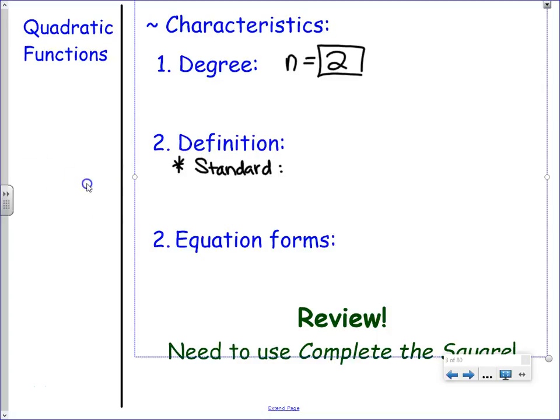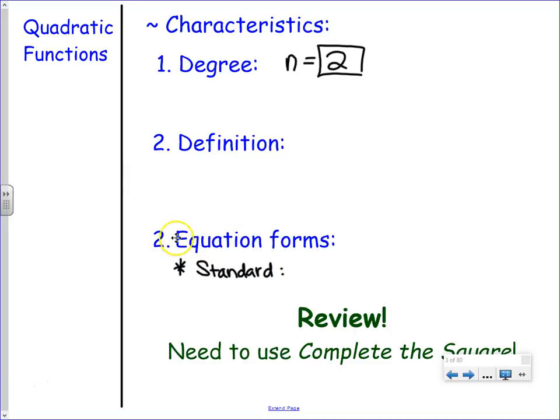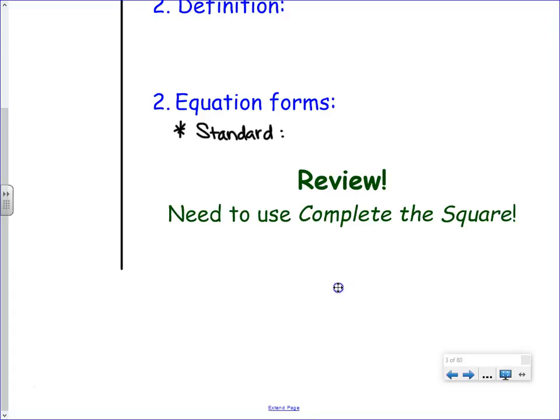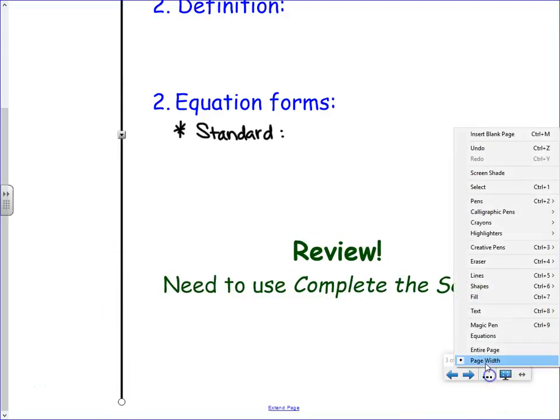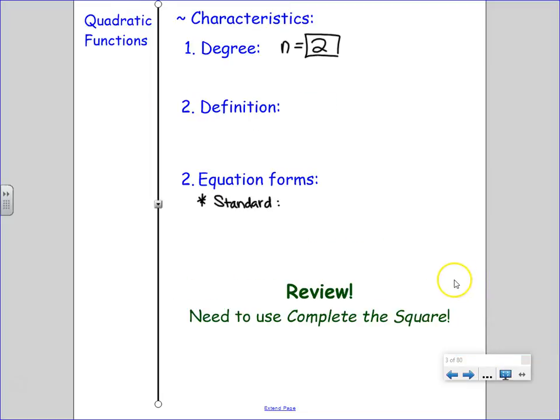To make things a little bit more understandable with how our book describes them, let's actually throw in an extra piece called the definition. And it might sound a little funny when I put it down, but it's not a definition like other math terms. It's really just an equation. I'm sorry for those of you that are erasing. The real reason you use pencil is because sometimes I mess up.